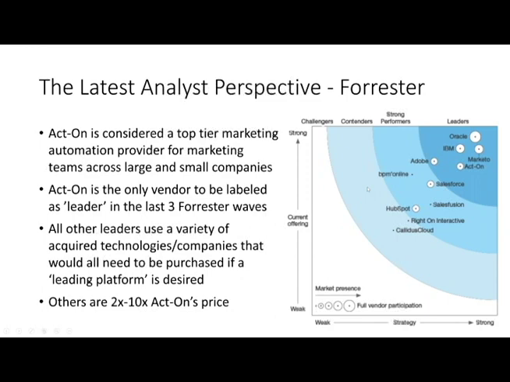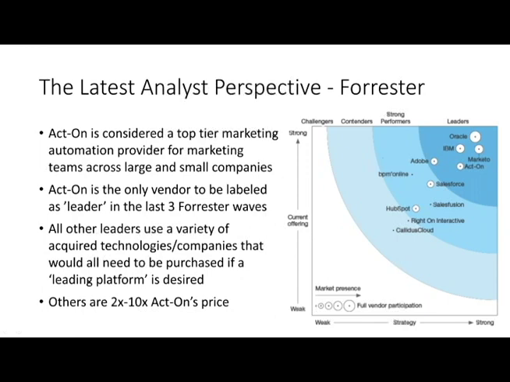As a marketing company devoted to distribution, we've worked with a number of different marketing automation platforms, and we really believe that Act-On is the right product for a broad swath of distribution. It's a good mid-market product, and it scales well.